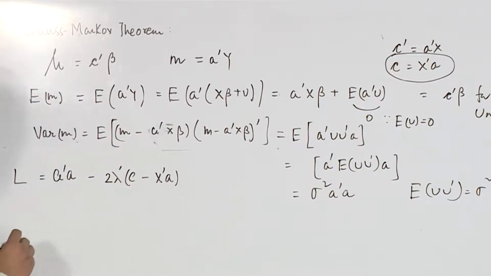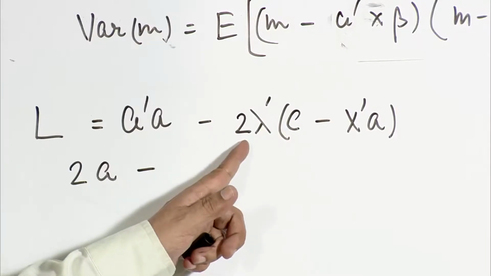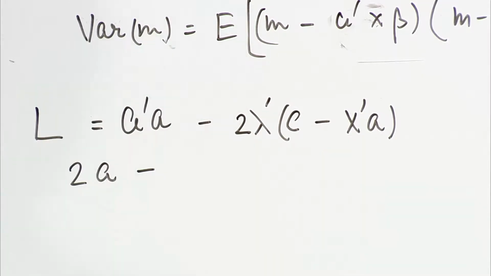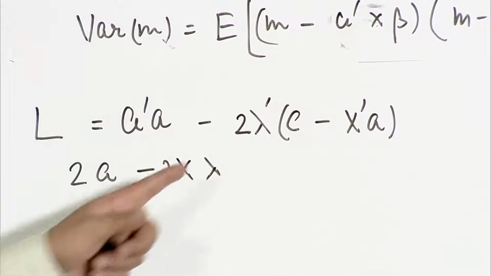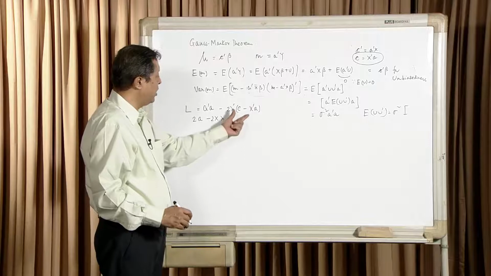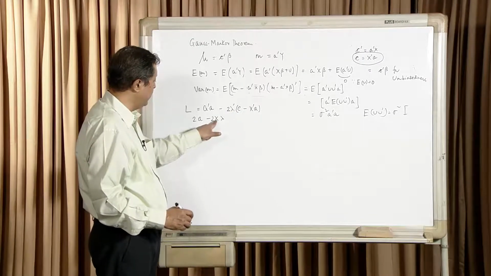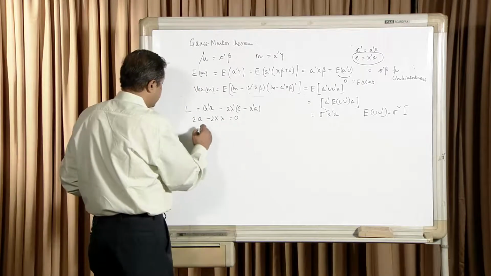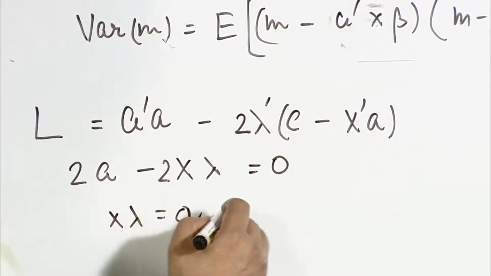So, minimizing that, the first order conditions will become 2a minus twice x times lambda, whole prime times a. So, taking the derivative, it becomes x lambda, and that should be equal to 0, which basically tells us that x lambda is equal to a.